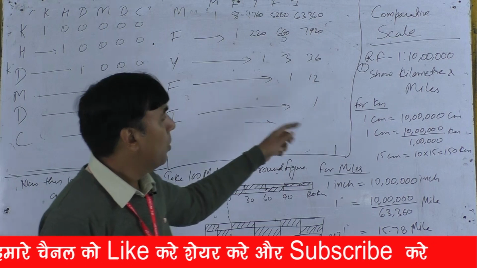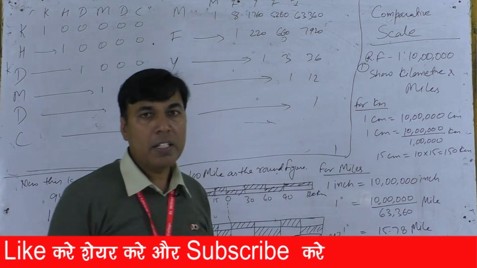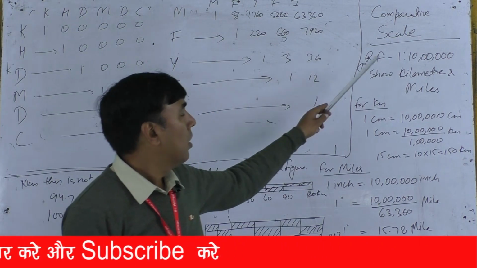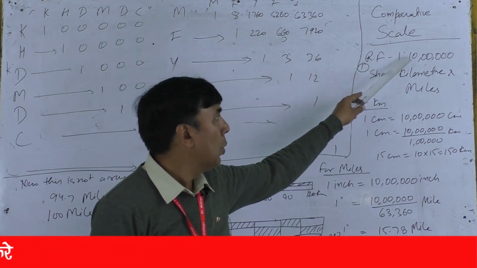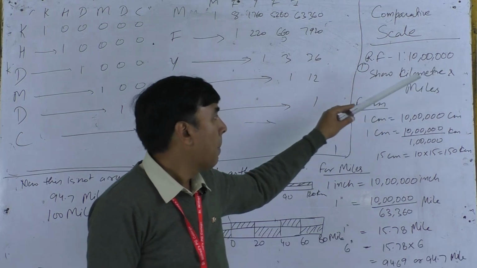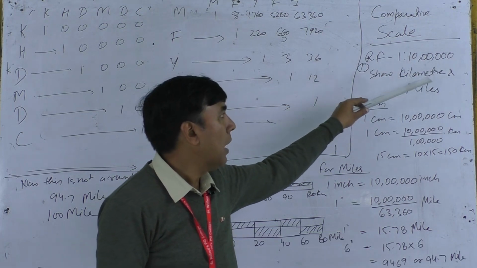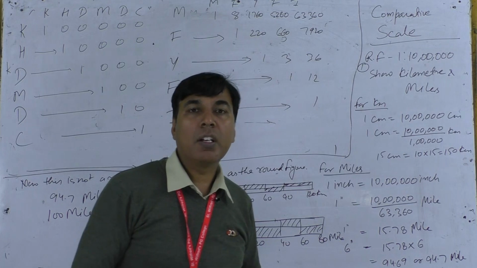Okay, so in this comparative scale, this is a question: if the RF is 1:10 lakh, show kilometers and miles on a graphical scale.